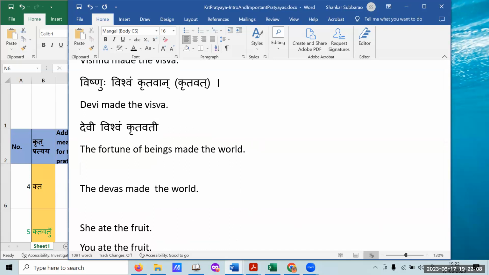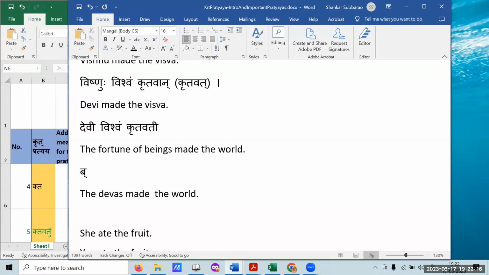Anybody else other than Santosh? Yes, Manjula. Bhagyam. Okay. First word you're saying is Bhagyam. Okay. Of the being. Jiva. Jiva is the word for beings.